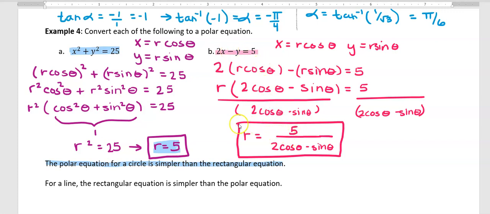But this equation that we have here, 5 divided by 2 cosine minus sine, is much more complicated for a line in polar than it is in Cartesian or rectangular. So it's just interesting to see the comparison of how sometimes it will be simpler in polar and sometimes it won't, and vice versa for rectangular as well.